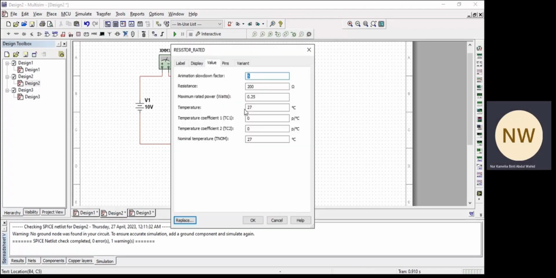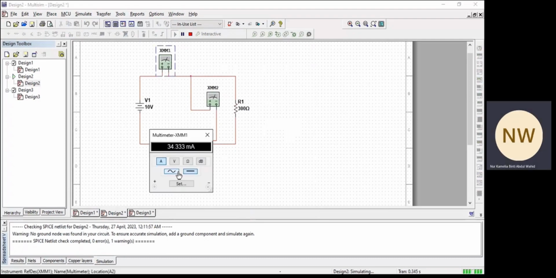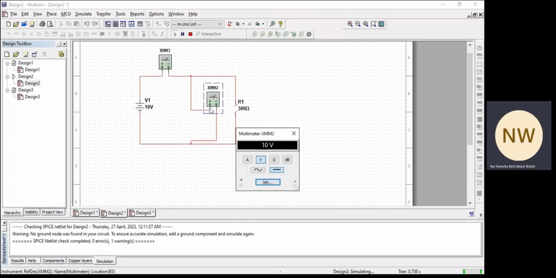Next, the value for resistance is 300 ohms. When we run the simulation, we're gonna get 34.33 milliampere, and for the voltage we're gonna get 10 volt.